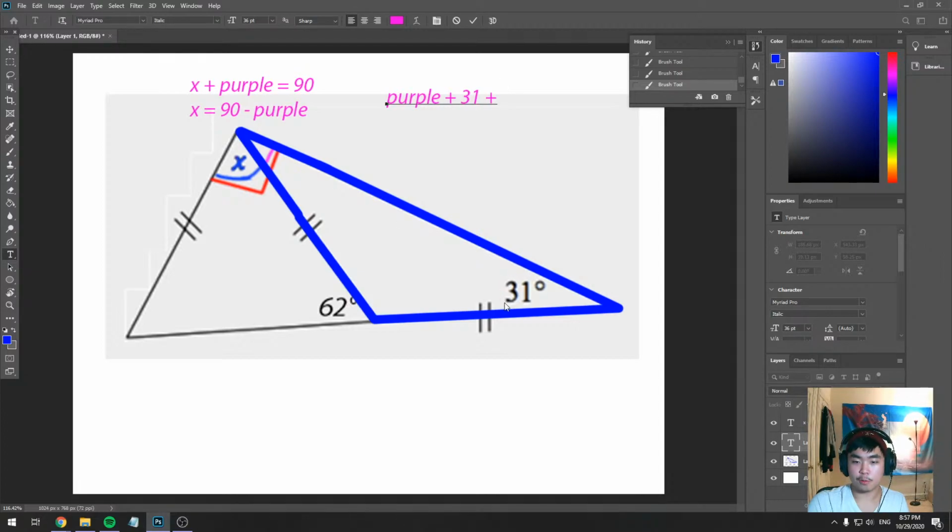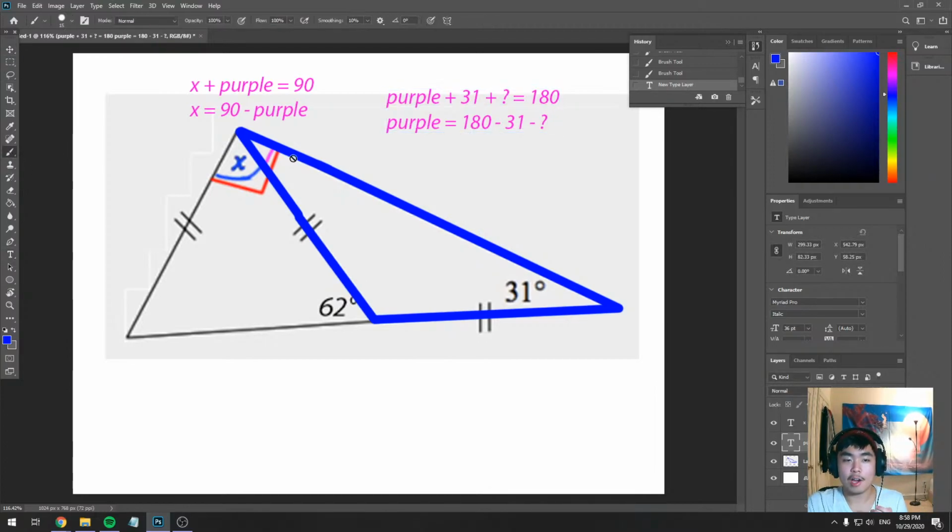It would be this obtuse angle right here. I'm gonna put a question mark. When I add those up together, they should equal 180. So purple would equal 180 minus 31 minus whatever this other angle is.